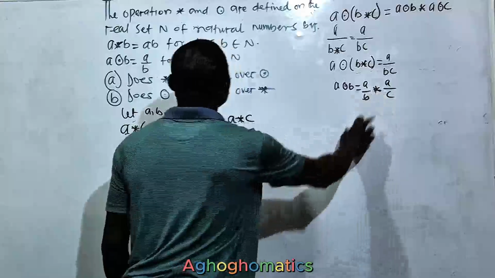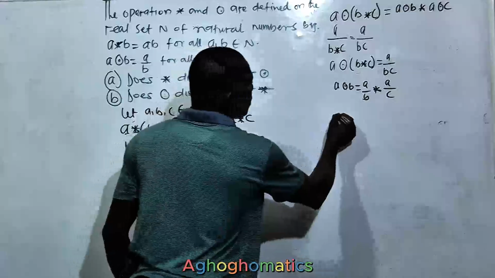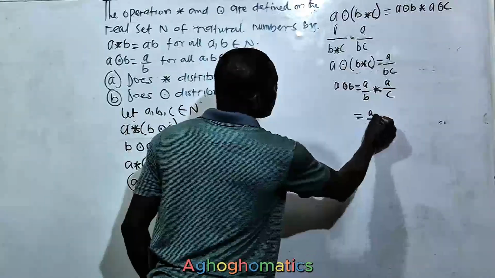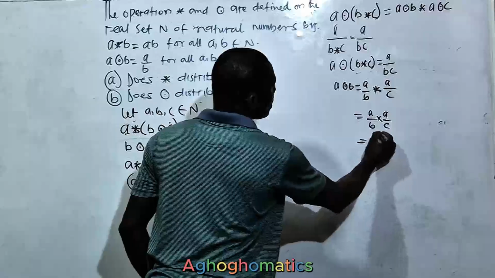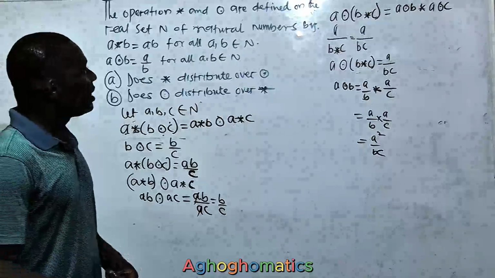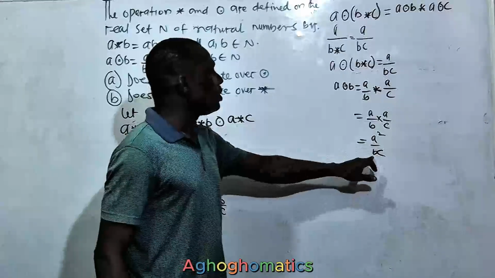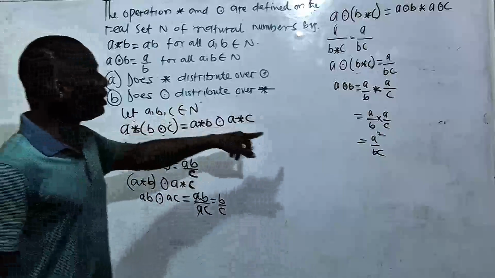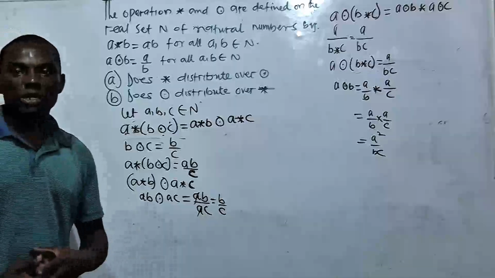This operation shows that it's their product. So this becomes A over B times A over C, which is A squared over BC. Now let's look at this: A over BC here, and this one is A squared over BC. That means this operation is not distributive over this. So that's how to operate this.